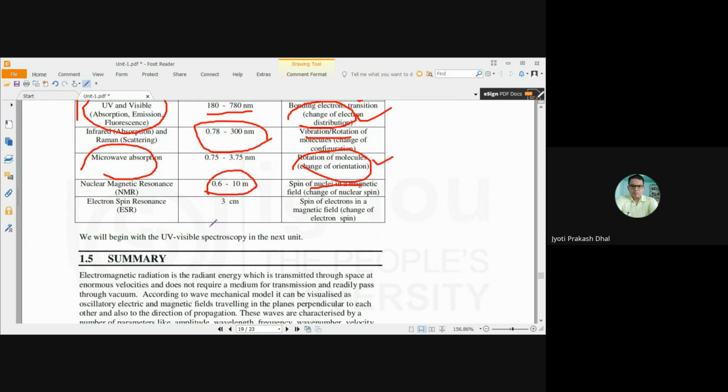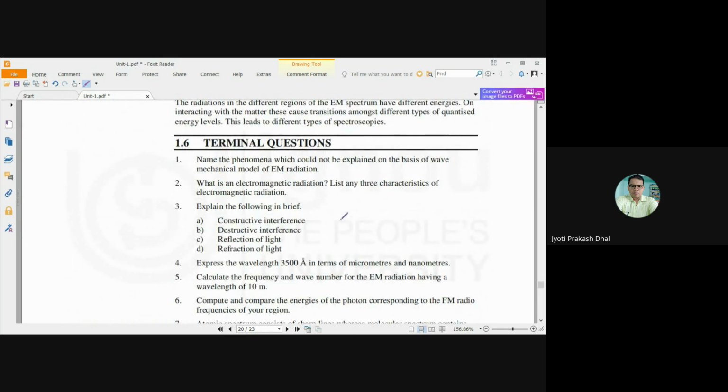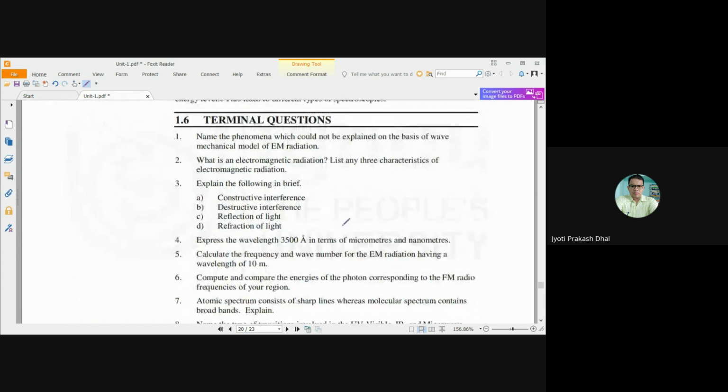And the interaction of the external magnetic field and the magnetic field arising due to the electron spin, that is called electron spin resonance or ESR spectra. So here in this chapter we have discussed the different types of electromagnetic radiations, the different phenomena, and the different spectroscopies observed.